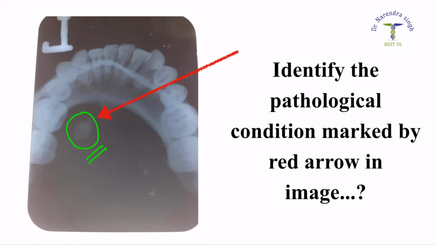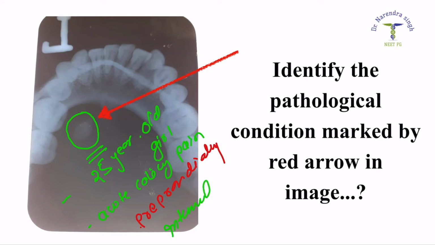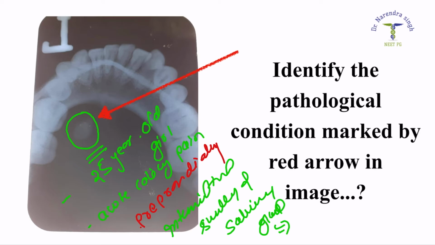Now the question arises: what can this homogeneous opacity be, along with the history I have provided, that this radiograph is of a 25-year-old girl with a history of acute colicky pain present preprandially and intermittent swelling of the salivary gland, or in more layman language, the swelling in the submandibular area.